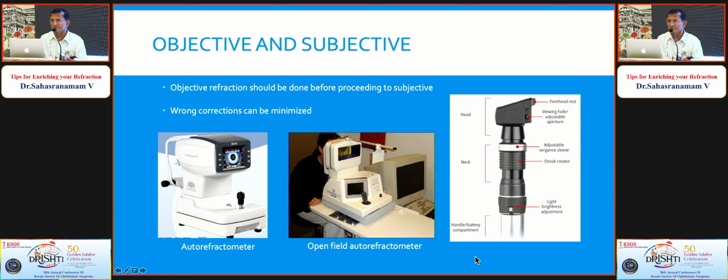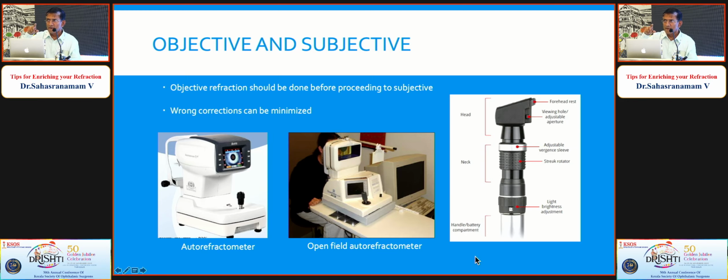Because days are changing, you should have gadgets with you. The autorefractometer is an instrument which can be a good companion for your refraction practice. But you should know the problems it will create, especially when you use it in children with good accommodation.